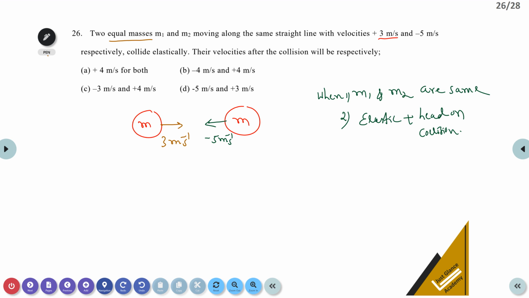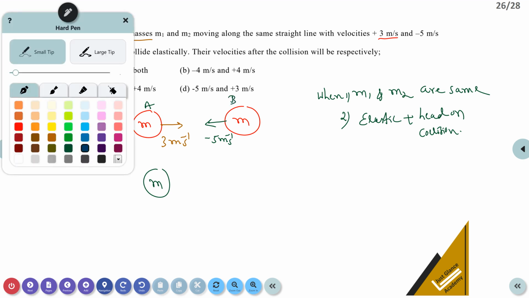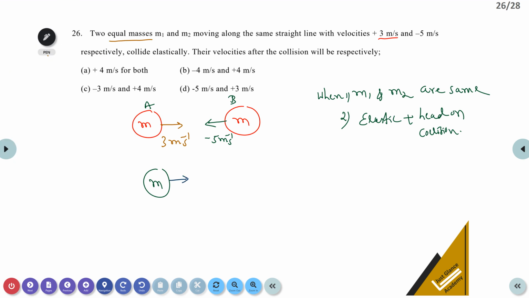So body A's velocity becomes minus 5 meter per second, and for body B the velocity becomes 3 meter per second. Just the velocities are exchanged. Remember this hint. That's why I told you that these are all time management tricks.